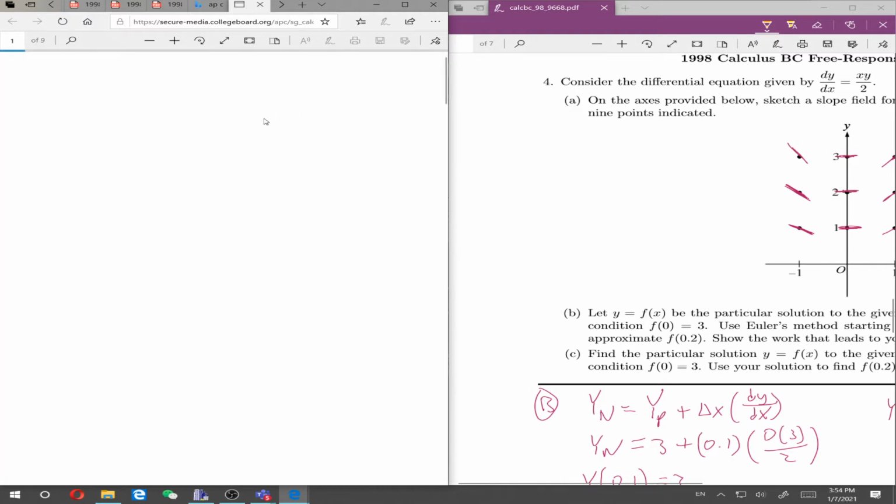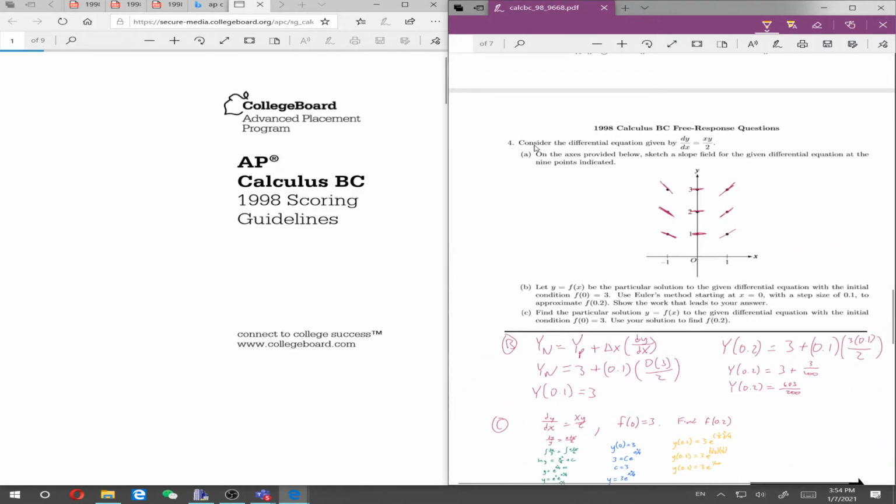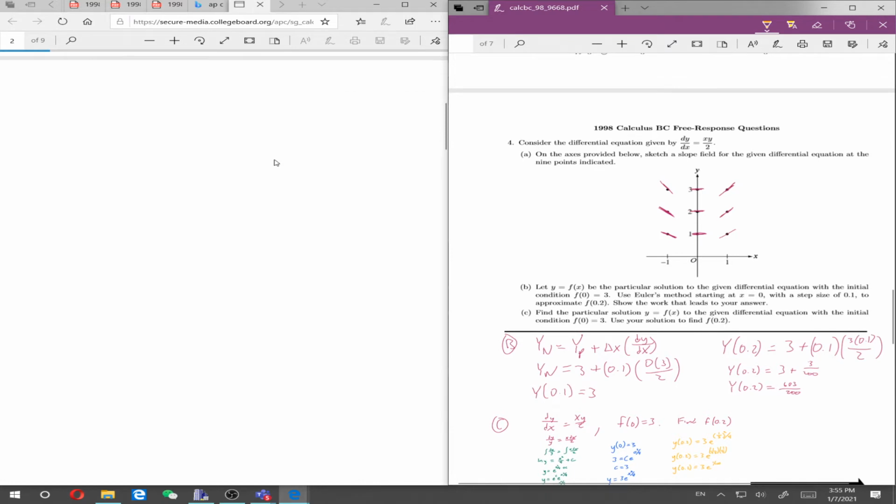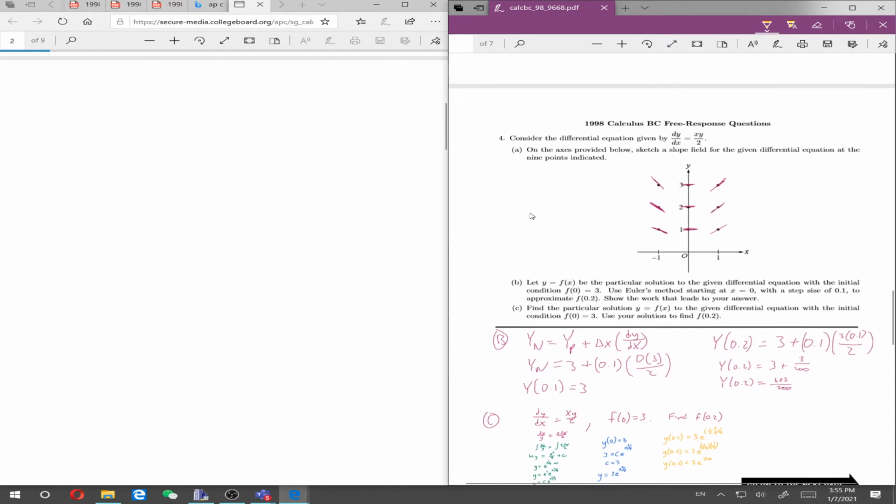Actually, I already have it up in front of me on the other screen if this doesn't load, but I kind of wanted to show side by side so you guys can see what I'm scoring. Okay, I'll let that load in as we go.